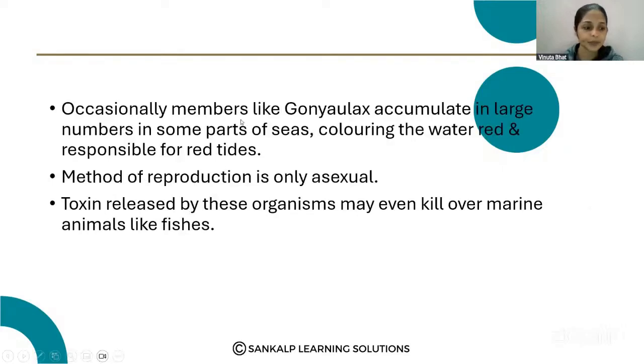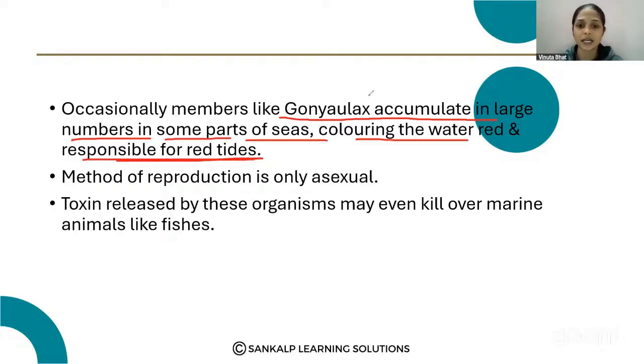Next one, occasionally members of dinoflagellates, such as Gonyaulax, accumulate in large numbers in some parts of seas, coloring the water red, and are responsible for the red tides. So Gonyaulax is very, very important, which causes the red tides.